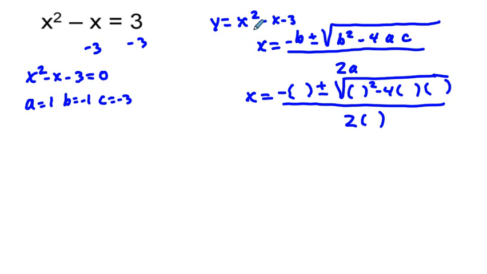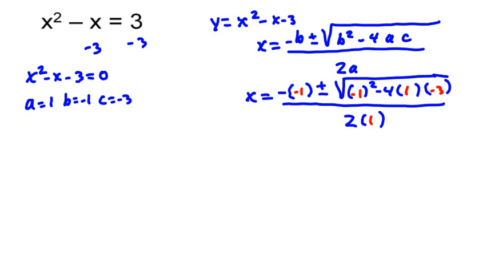Then you put the numbers in place, and when you organize it this way, it's hard to get it wrong. Any place you see an a, you place 1, so 1 goes here and here. Any place you see a b, you put -1, here and here. And finally, c occurs in one place, which is right here, so that's -3.